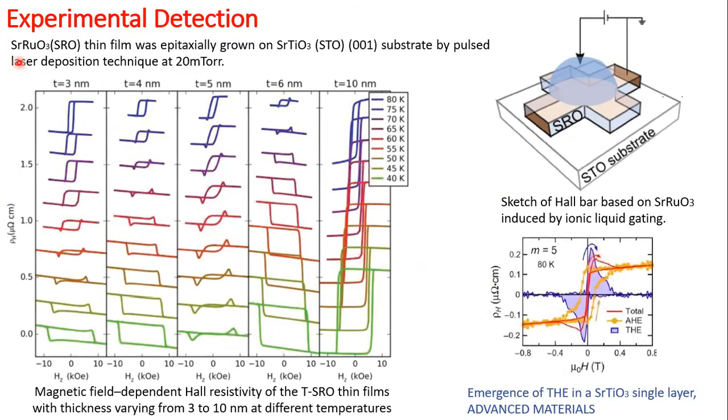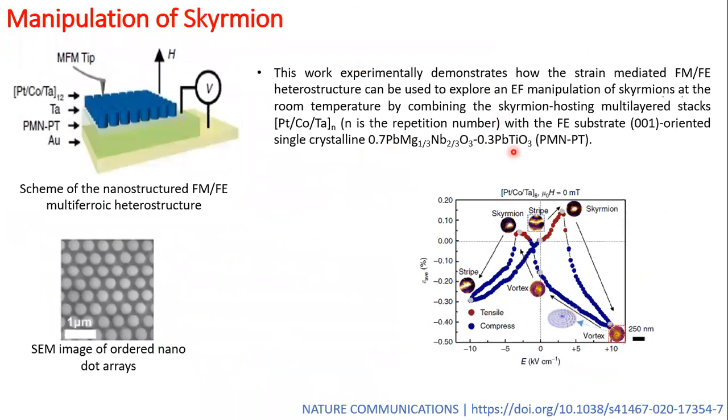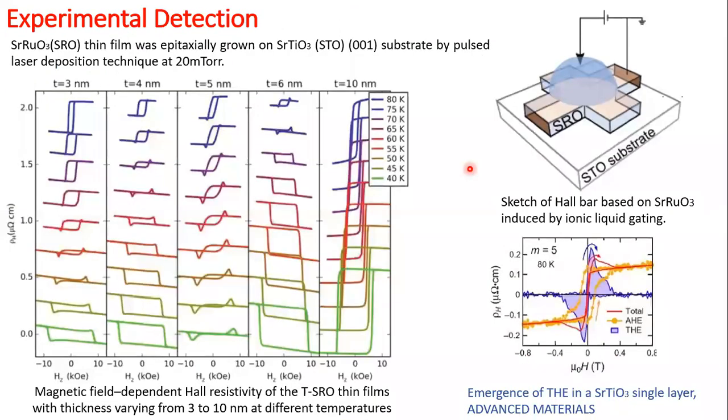Now this is the SRO thin film. This SRO film was recently found. Previously a film called LSMO was used. In the LSMO material you will find skyrmions more easily.